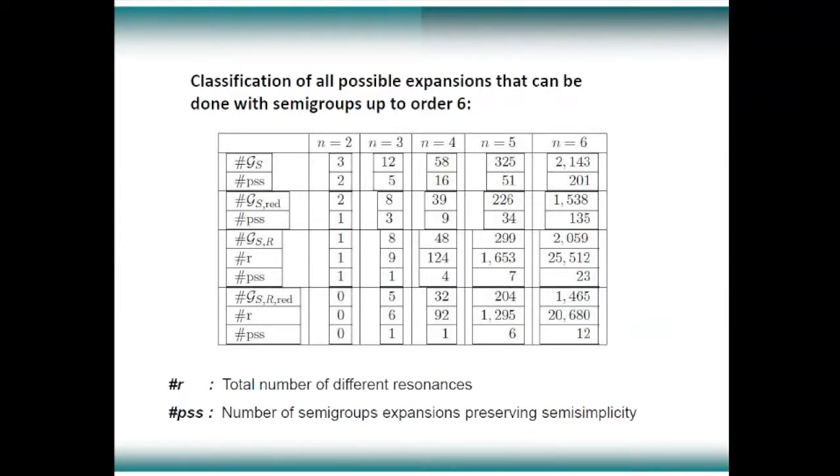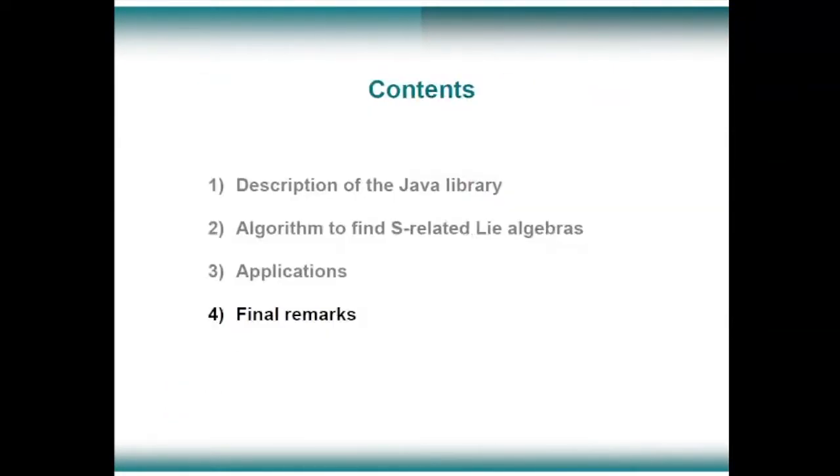We have over 25,000 resonances, but only 23 of them. And when you do the intersection, only a few remain.